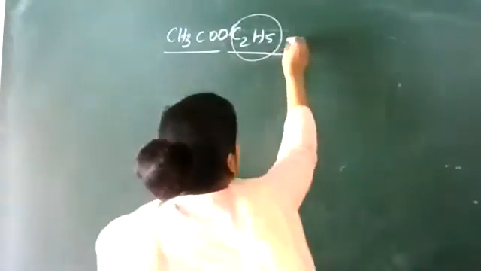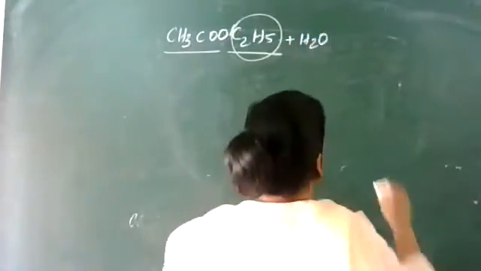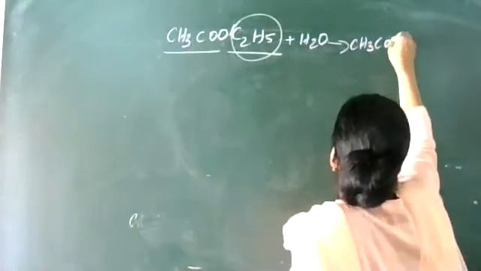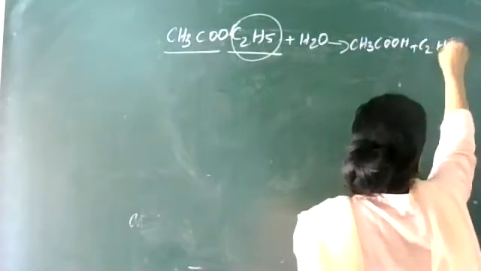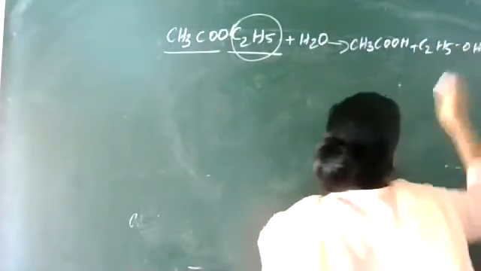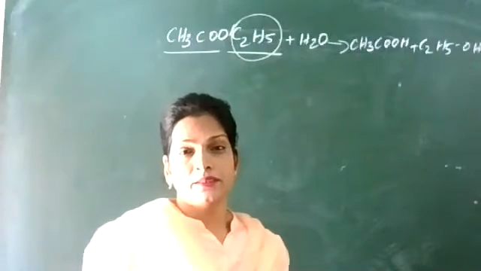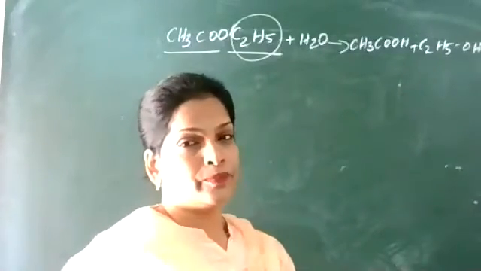On hydrolysis, meaning with an excess amount of water, it will give CH3COOH and C2H5OH, an acid and an alcohol. Hydrolysis of ester breaks the ester into acid and alcohol.